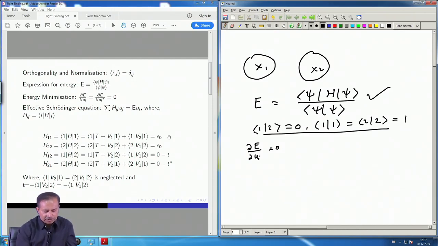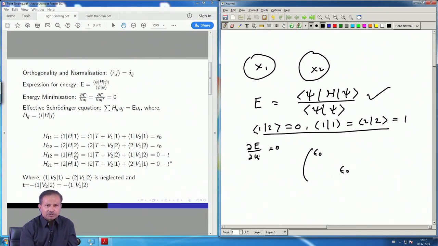This is basically H11, which is the 11 element of the Hamiltonian matrix. Similarly, the 22 element of the Hamiltonian matrix is also epsilon naught. So, the Hamiltonian has epsilon naught on the diagonal in the basis of u1 and u2.